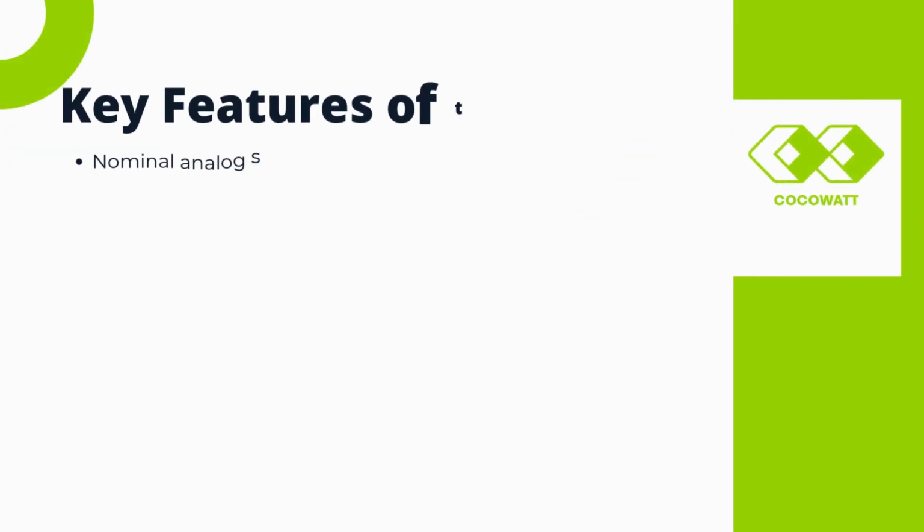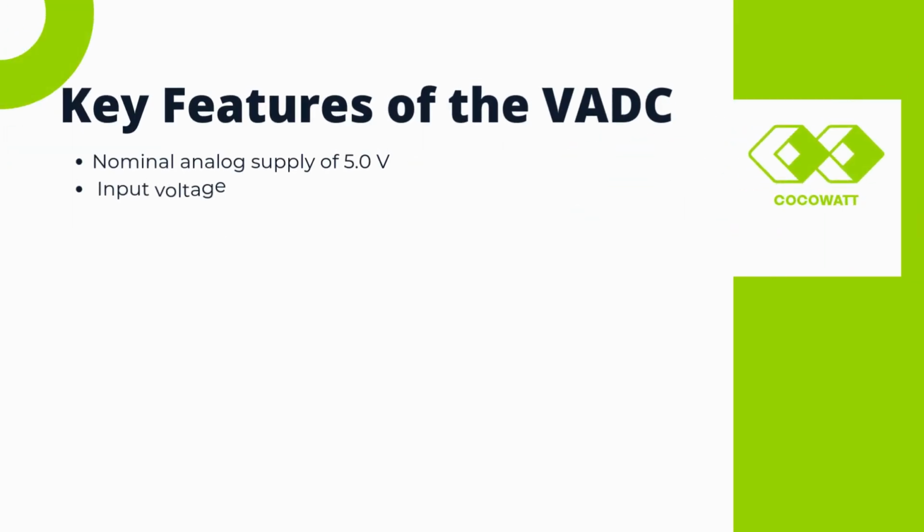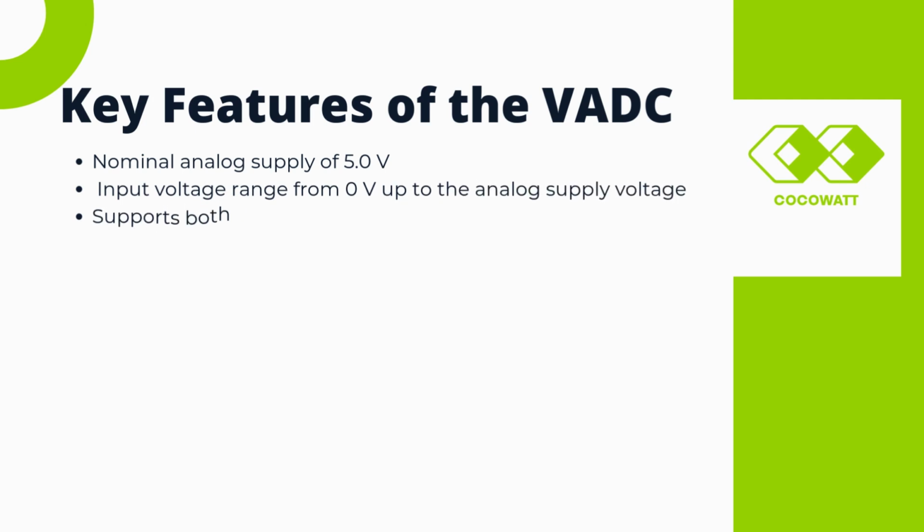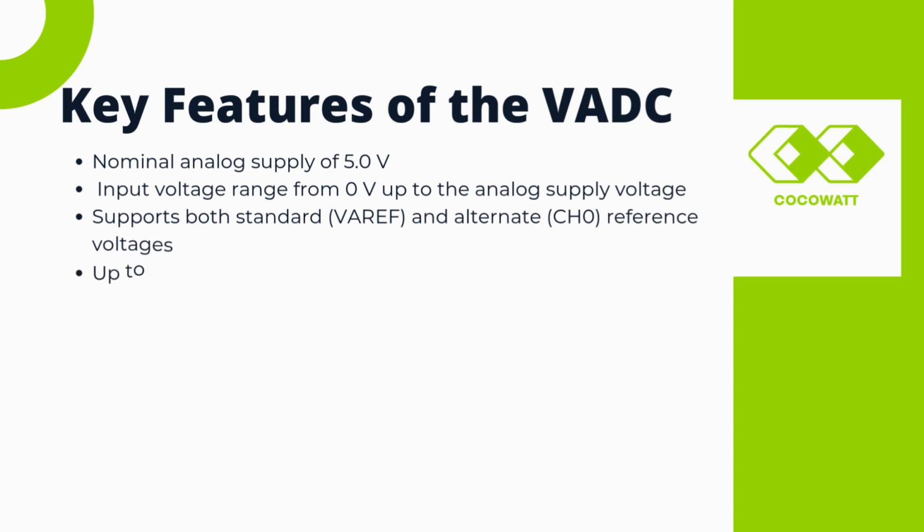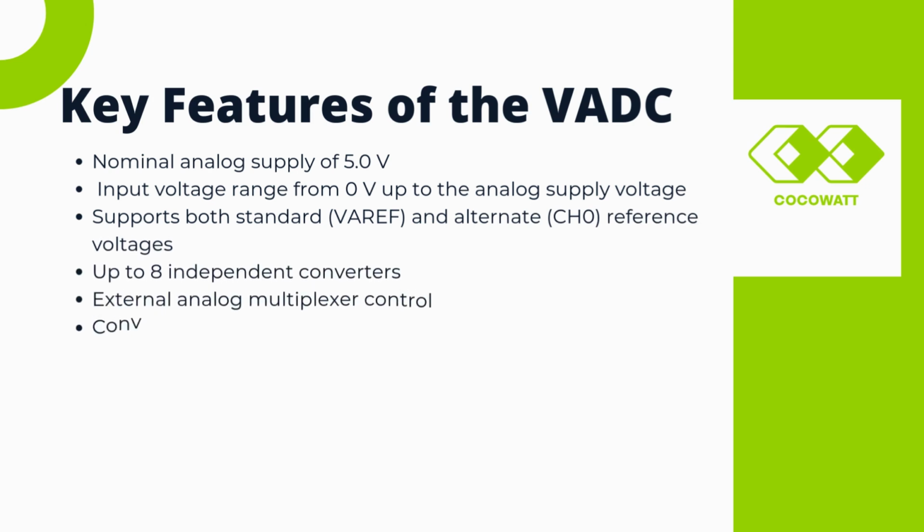Let's quickly check some of the key features of the VADC. It operates on a nominal analog supply of 5 volts, and even with 3.3 volts, but that slightly reduces the performance. It accepts an input voltage range from 0 volts up to the analog supply voltage.